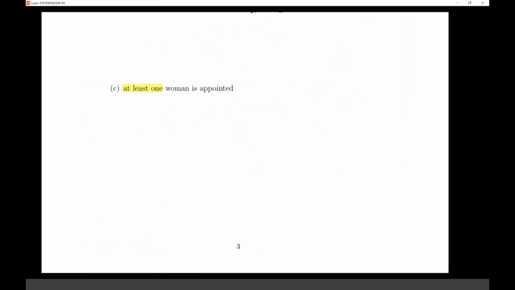So at least 1 woman is appointed to the 2 appellate court positions. What does that mean? What does at least 1 mean?